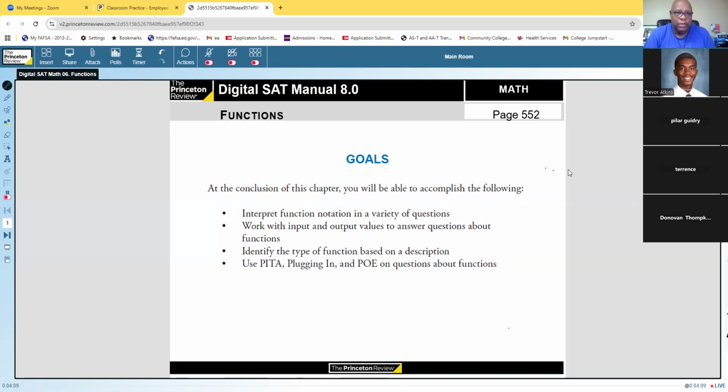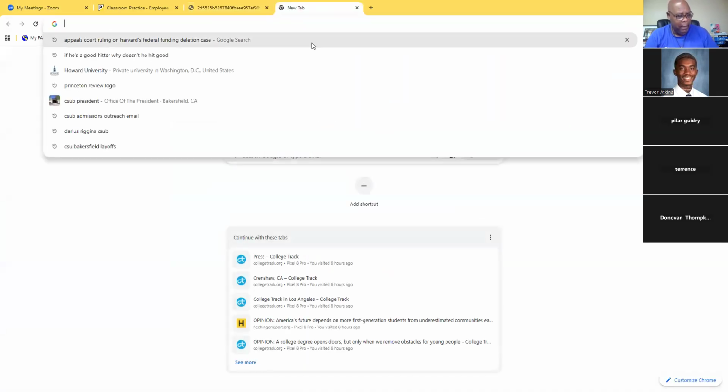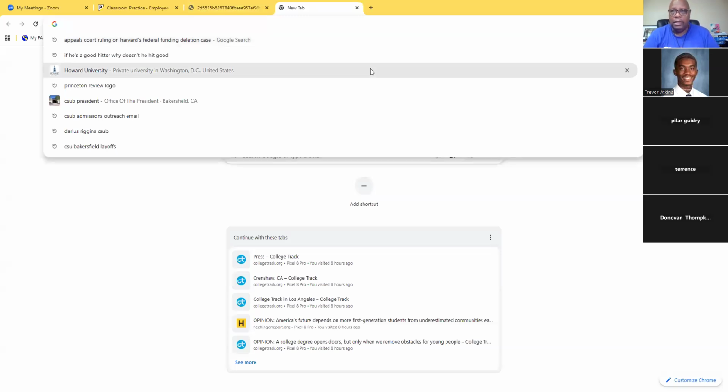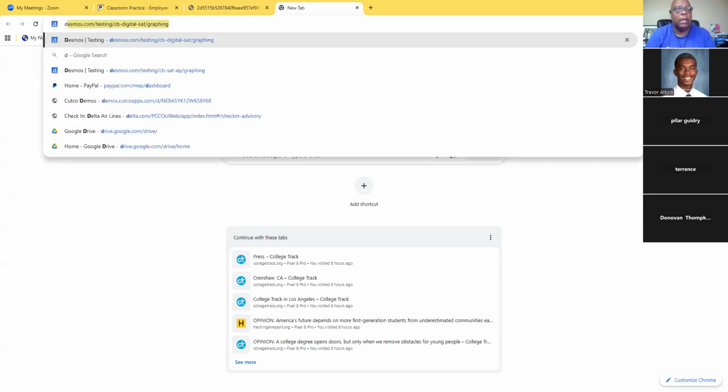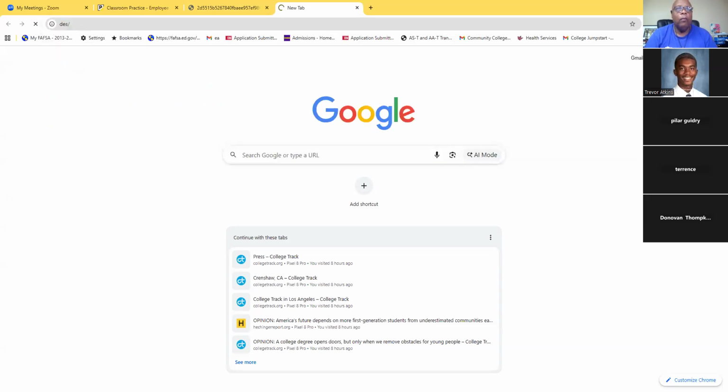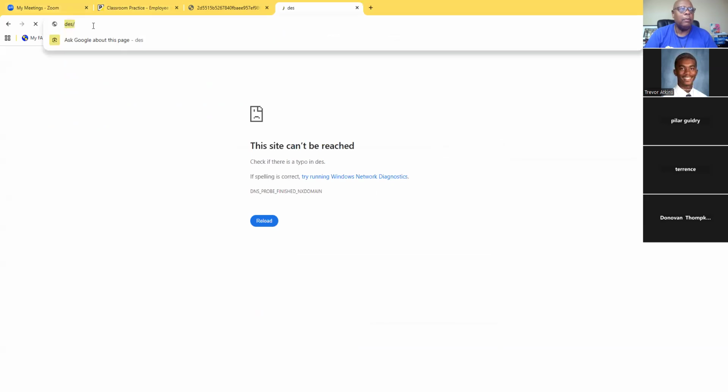Okay, let's do functions. We'll be able to get through it pretty quickly, but I want to make sure you know all the tricks. There are a couple of tricks with it. Where I want to start off is by shooting you the link to the Desmos SAT calculator. Oops, I didn't type it right. Stand by.